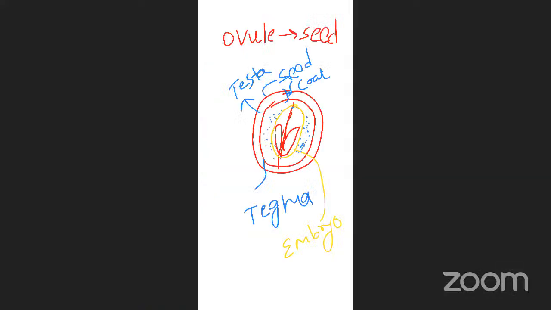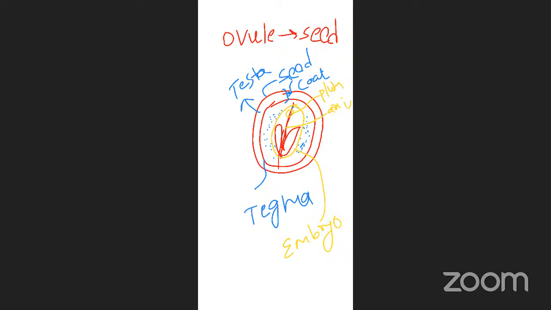So this is about the seed coat. Now let's discuss the embryo, another important part of the seed. It is a rudimentary plant part, that means a younger, to-be-developed part. It has the axis, the embryo axis, and one tip called the plumule, which is responsible for the shoot portion.